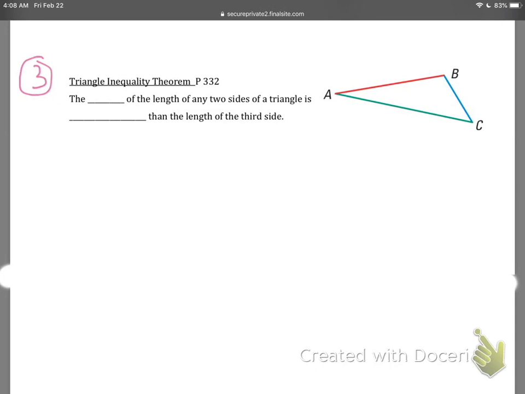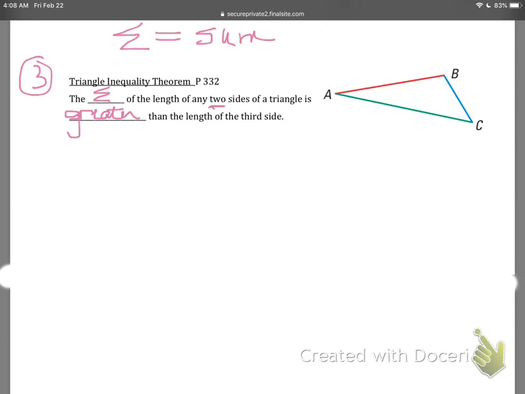That theorem tells us that the sum, and this is our symbol for sum, of the lengths of any two sides of a triangle is always greater than the length of the third side.